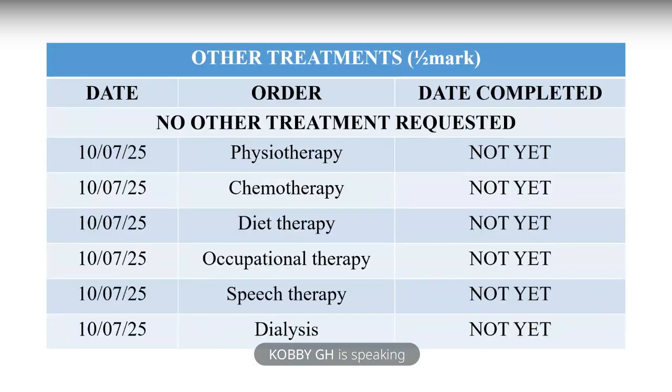Okay. Now, the other treatments, write no other treatments requested. For orthopedics, if they will do physiotherapy for a patient, usually it will be towards the discharge. Usually maybe 3 days prior to discharge, the doctors will do their calculations or their review.